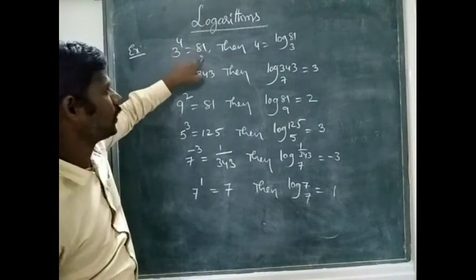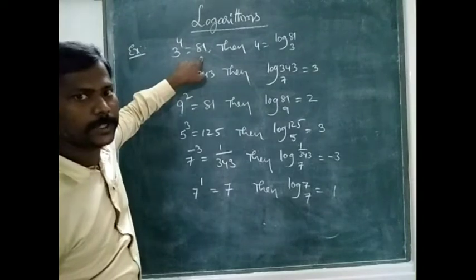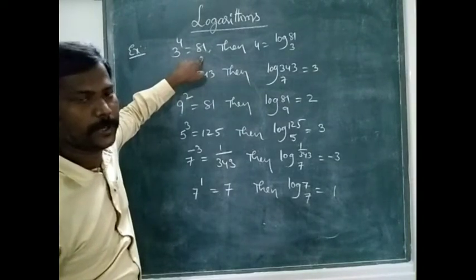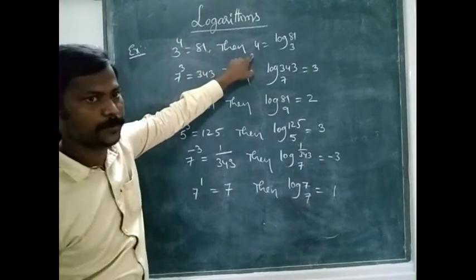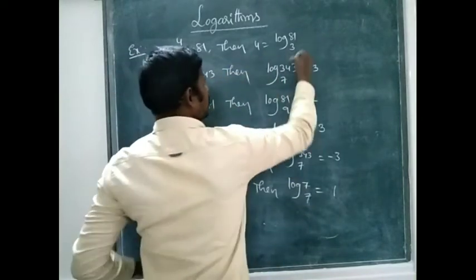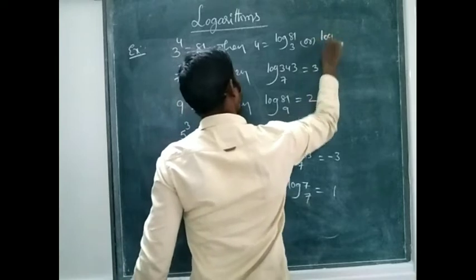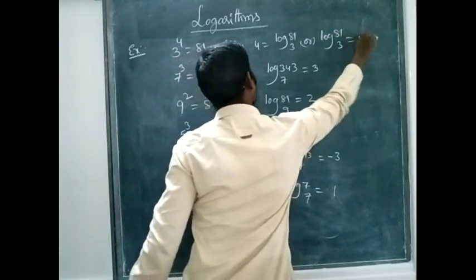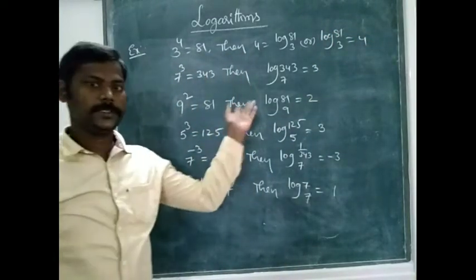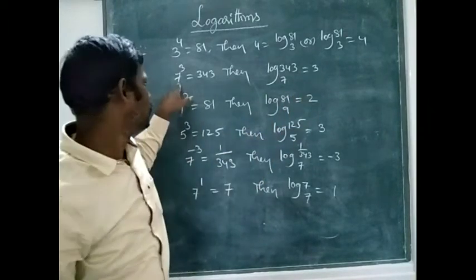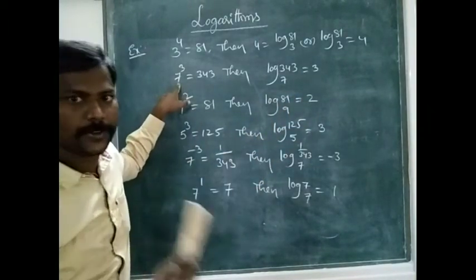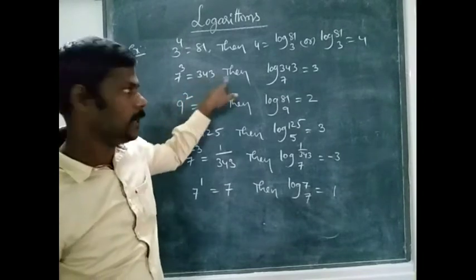3 to the power 4 equal to 81. 3 into 3 into 3 into 3 equal to 81. How to convert it to a logarithm? You can write 4 equal to log 81 base 3, or log 81 base 3 equal to 4. Same only. Same, the LHS and RHS. 7 cube equal to 343. 7 into 7 into 7 equal to 343.